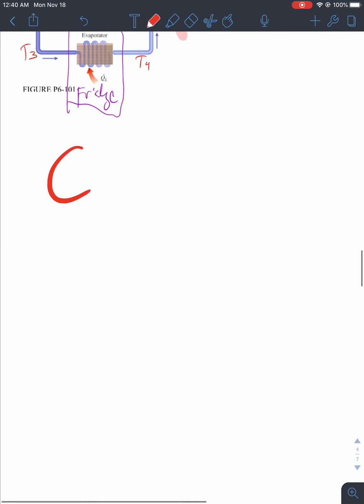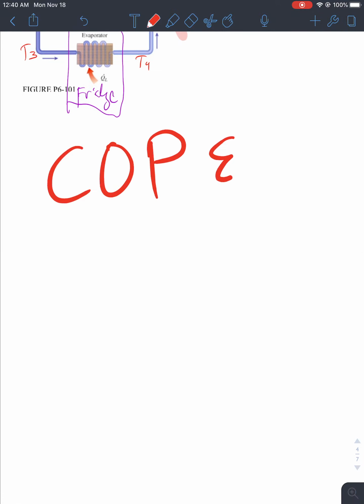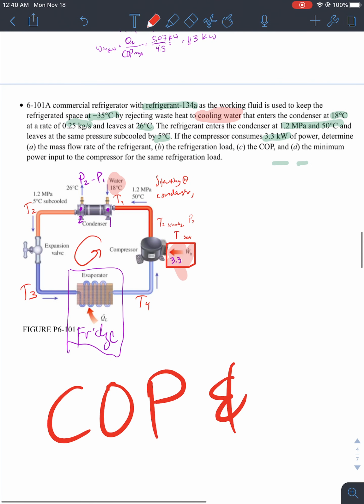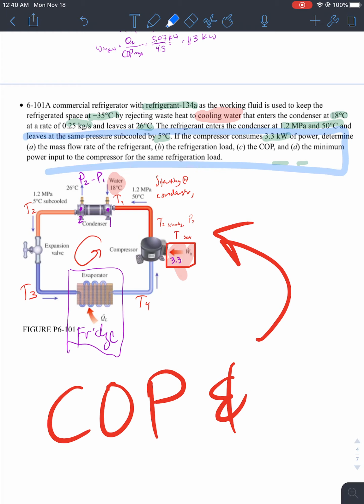this problem is about the coefficient of performance, and it's about having a complete refrigeration system, along with finding other things about the system that are shown here. And yeah, good job, Square.